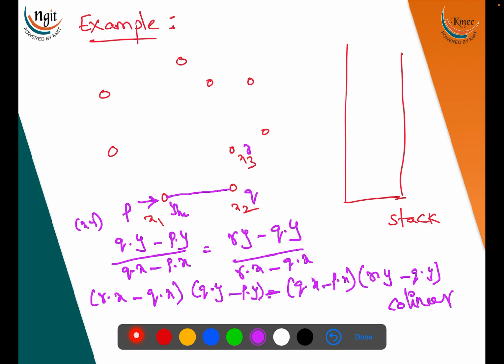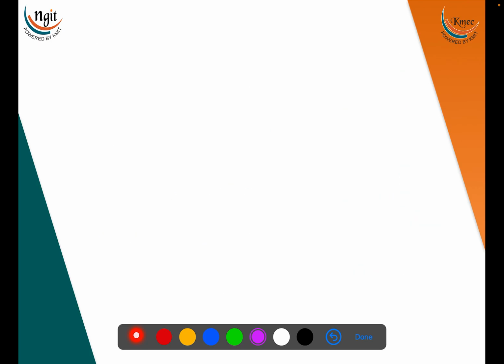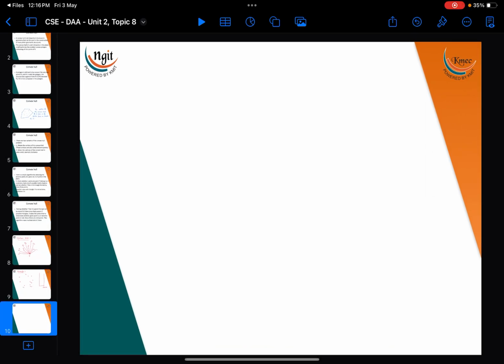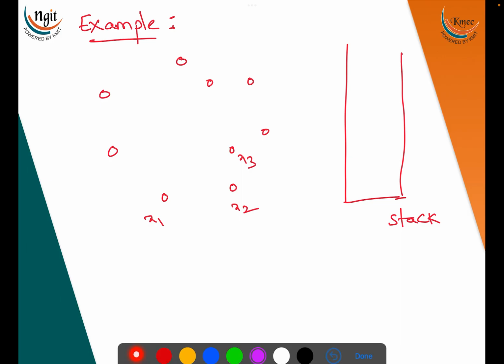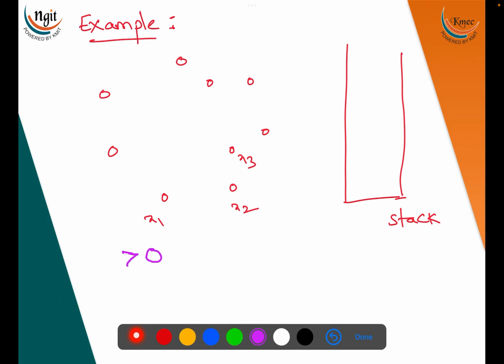Because they have the same slope. If this value is greater than 0, then P, Q, R will be making a clockwise angle.